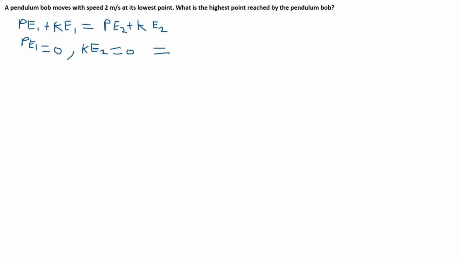So rearranging this equation, the law of conservation of energy, we see that the initial kinetic energy, or the kinetic energy at the lowest point, is simply equal to the potential energy at its highest point.